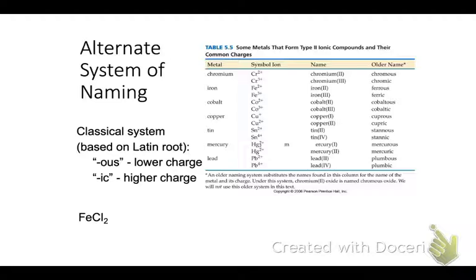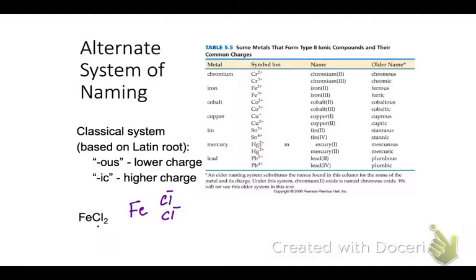Okay, now let's name this compound. How would I know the name of the compound? Here is how you think about it. It is an ionic compound, metal and non-metal, and it combined with 2 chloride anions. Now, iron can change charge on me, so I have no clue what is the charge of iron. But chlorine is a nonmetal in group 7. It will always be -1. So I needed 2 chlorine to balance 1 iron.